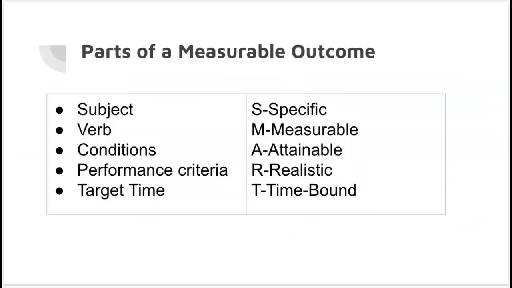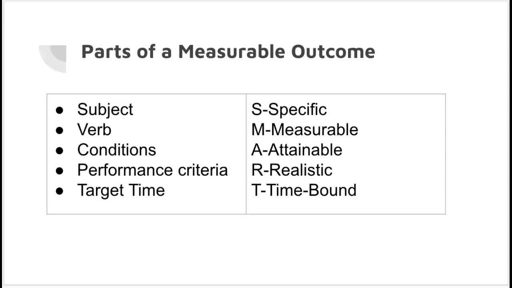So what are the parts of the measurable outcomes? Really, writing patient-centered and measurable outcomes are under the same umbrella. You need a subject, a verb, condition, performing criteria, and a target time.